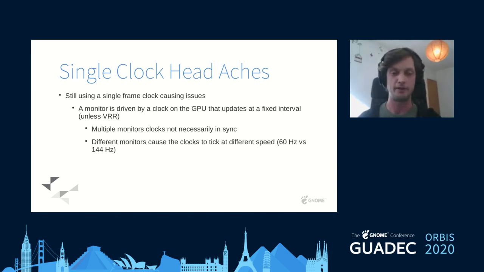These different monitors update at different times, even though they have the same clock frequency, or they have different clock frequencies. They're 144 hertz and 60 hertz and 75 hertz, and they simply render at their own pace.